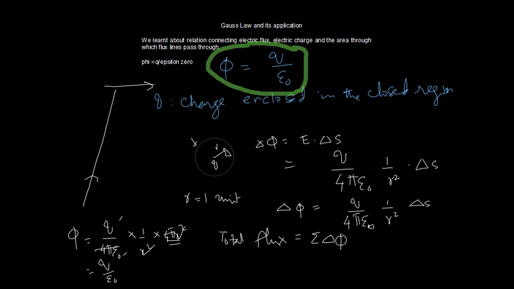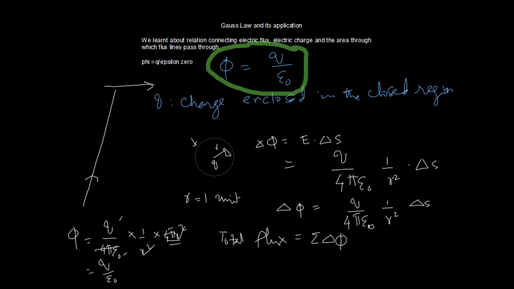So this is the first topic. We learnt a relation connecting electric flux, electric charge and the area through which the flux lines pass. So that's what we actually learnt. That is nothing but E is equal to lambda by something. So that was the relation I talked about.